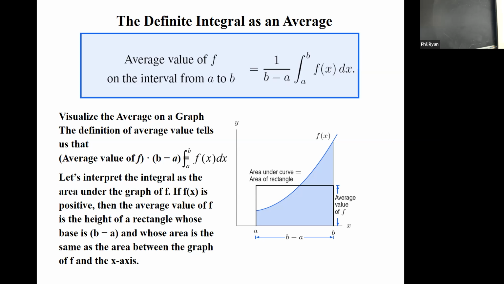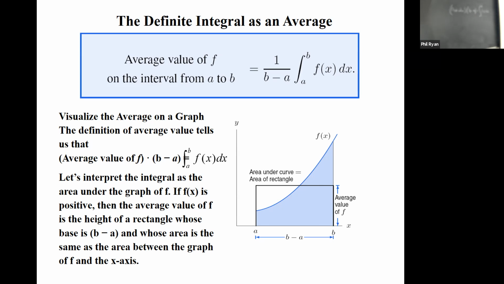If we go back to this formula and take b minus a over to this side, we get that the average value times the interval is equal to the integral. This is just a statement about two areas. This is the blue area, and this is just one number times another. As an area, it's just a rectangle.